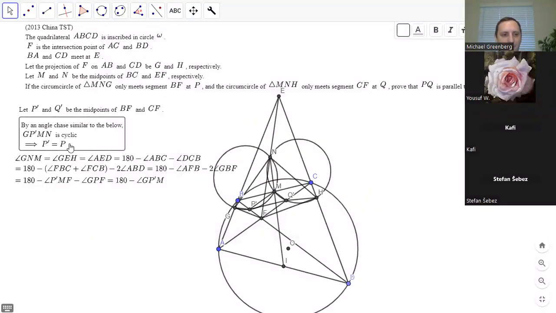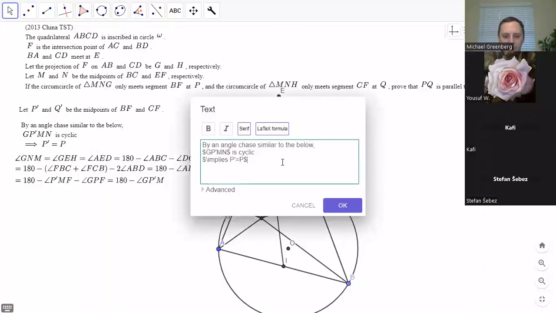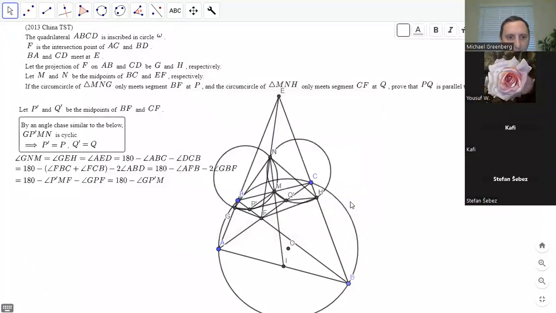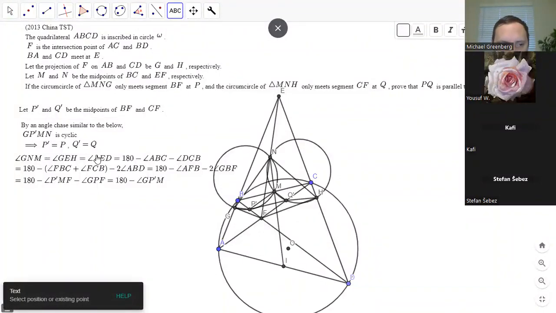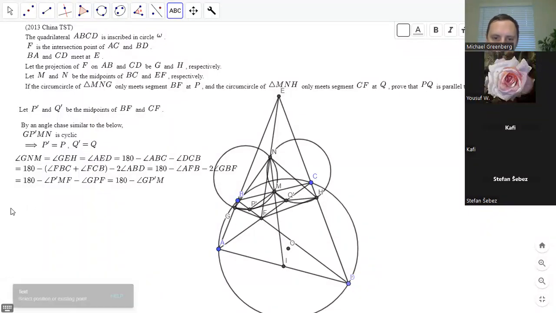So the P prime equals P, Q prime equals Q. And then PQ. So then MP prime G, those were congruent, right?